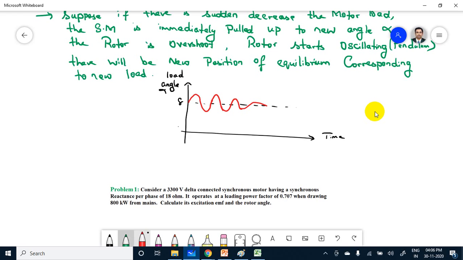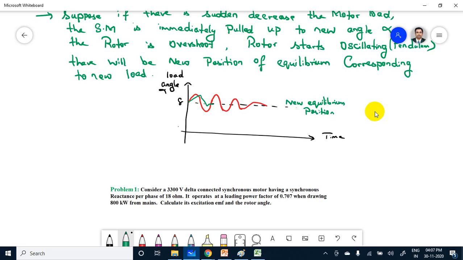Sometimes we get the oscillation like this also, but anyway it should be sinusoidal in nature. So this position is known as the new equilibrium position.